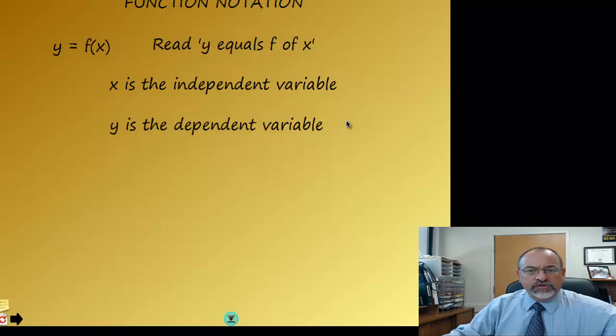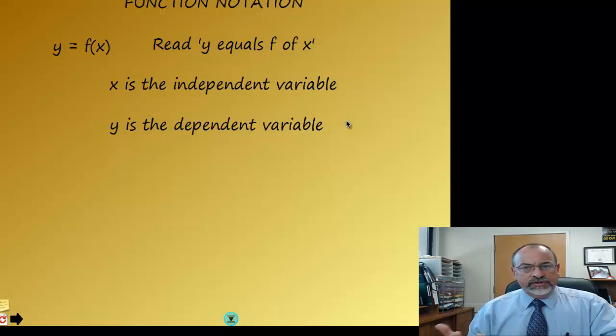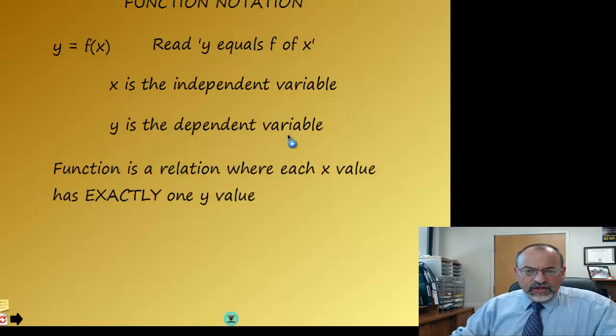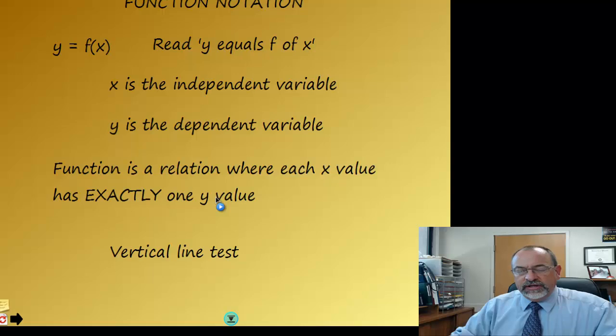So what we choose to put in for x is usually up to our discretion, and then the y value that's associated with that x value comes from the operation or the function rule. A function, you remember, is where you put one x value in and you get exactly one value out.